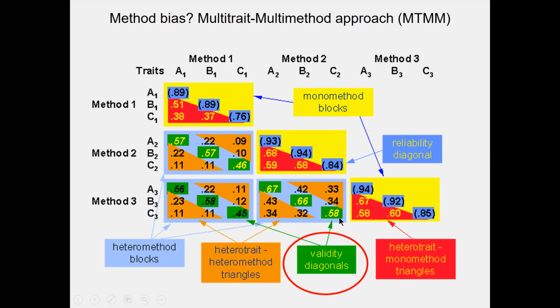The one that this arrow particularly points to, so that I can go into a little detail using it as an example, is the 0.58, where you're looking at trait C, which is mood disorder, as measured by method 3, spousal report, with trait C, mood disorder, as measured by clinician report.